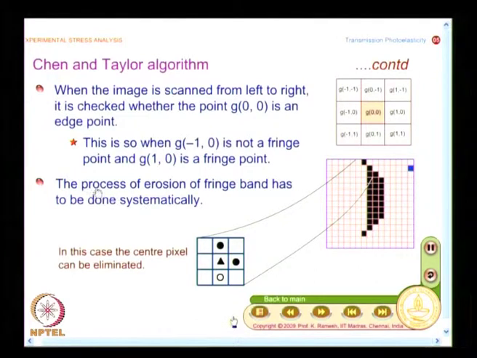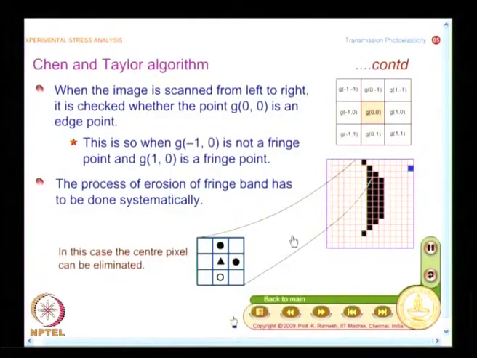So, you have a process of erosion initiated, and likewise you write it for left to right, right to left, top to bottom and bottom to top. So, if you do the image scan in all these 4 directions, it would eliminate some pixels, and it depends.